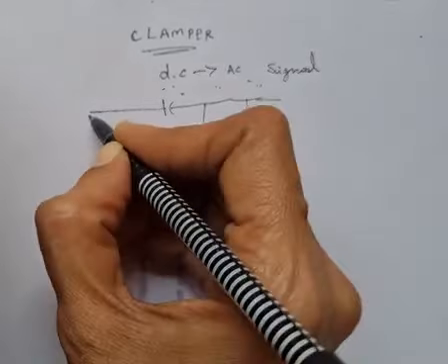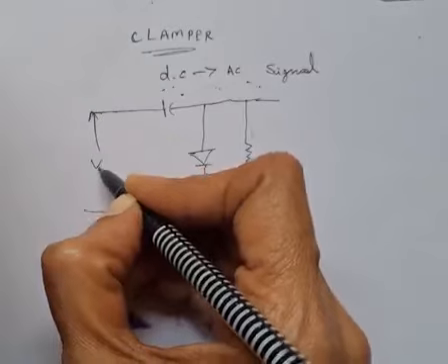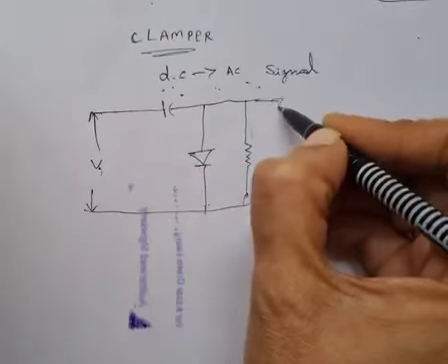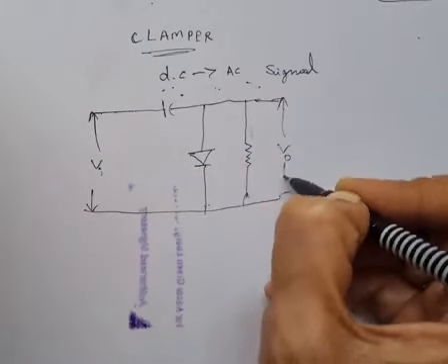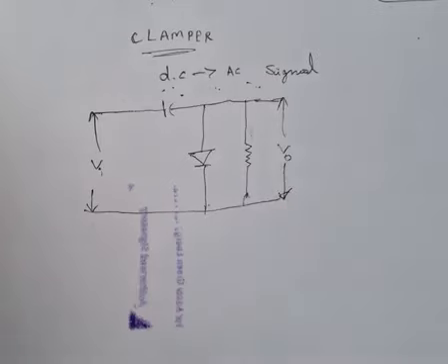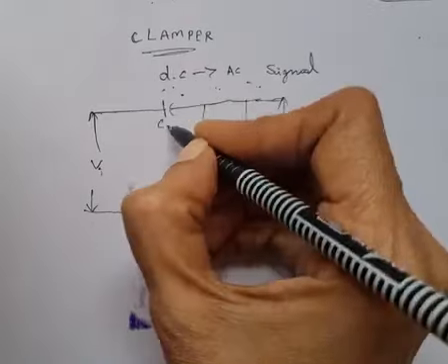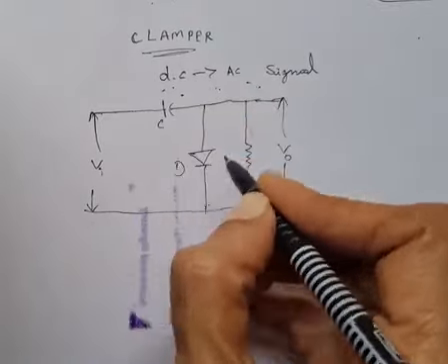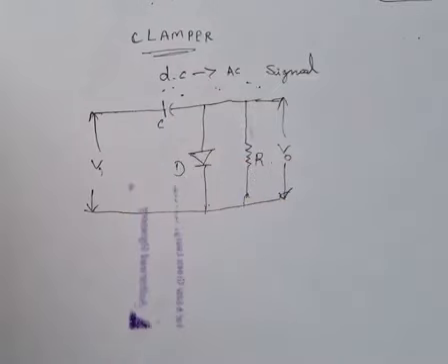This is our circuit diagram. This is Vi and this is V naught. This is the capacitor, diode and resistor. This is the circuit diagram of a clamper.